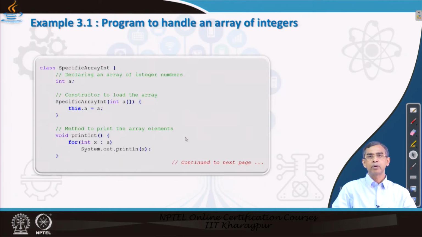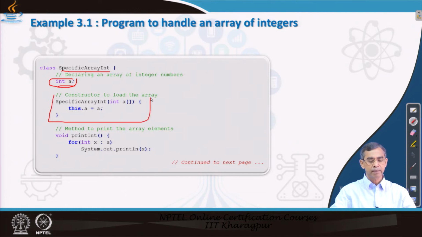Now, here is the program for you, very simple, that you can check. This is the class that we are going to define, and this is an integer array a, that means it will take only integer elements, and this is the constructor. We will pass to this constructor an array of elements and it will initialize this one.